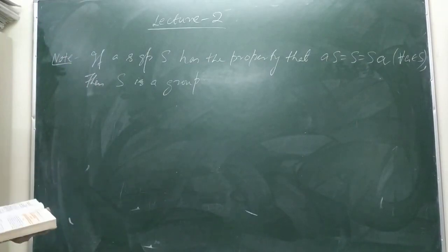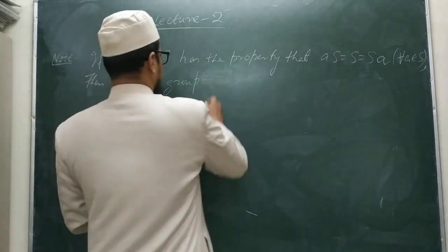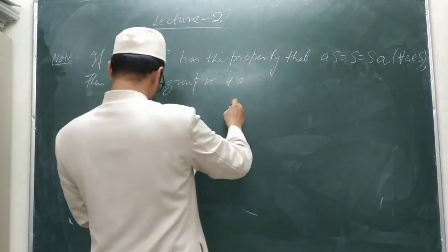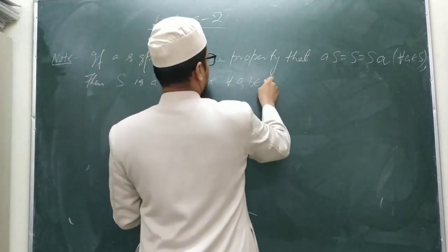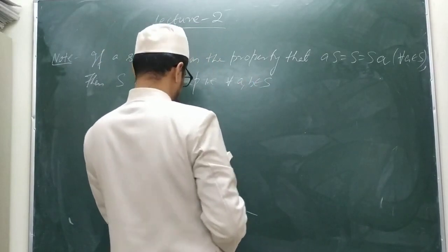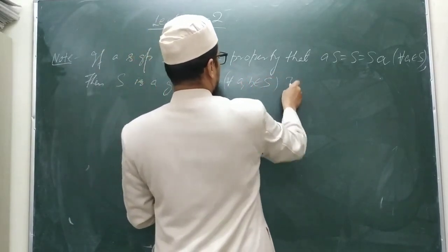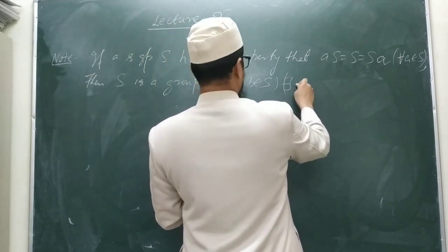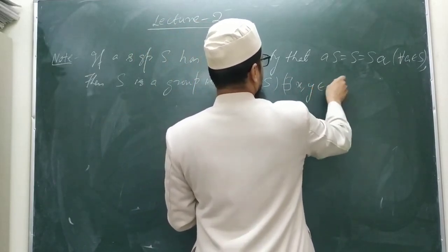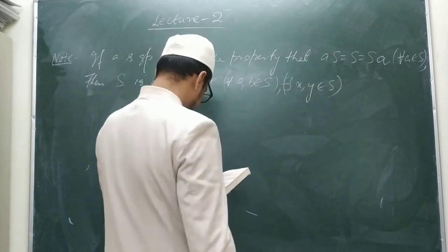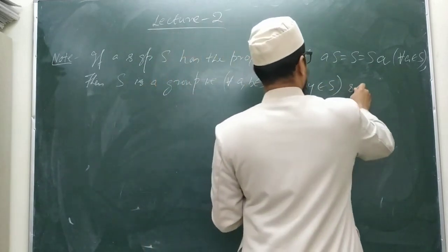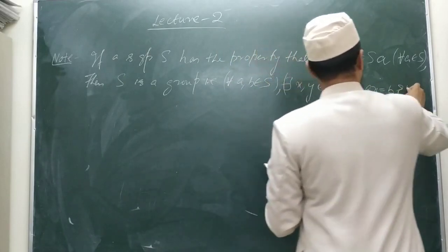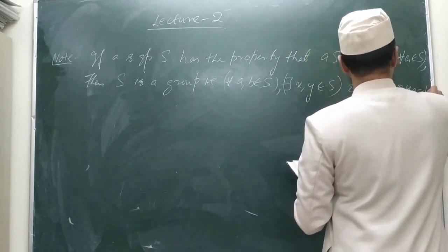That is, for every A, B belongs to S, there exists X, Y belongs to S such that AX is equal to B and YA is equal to B.